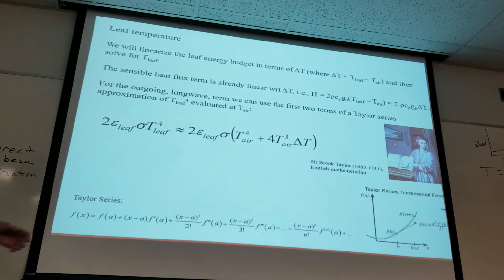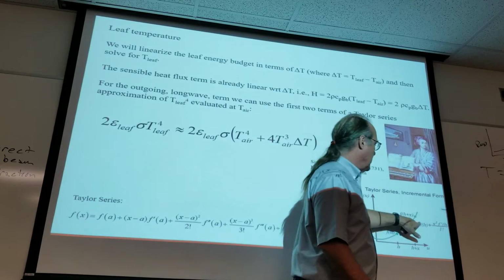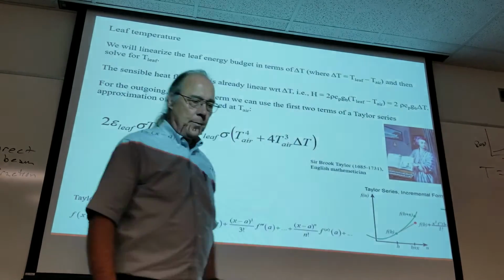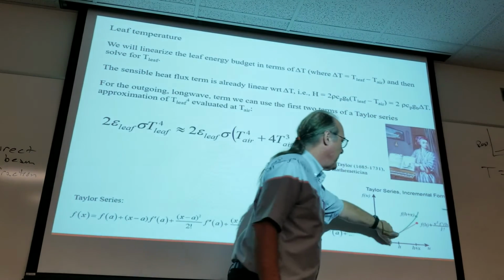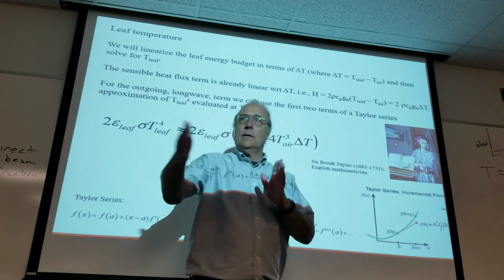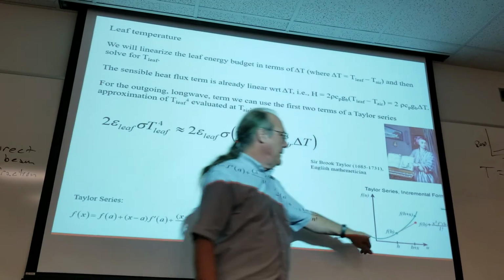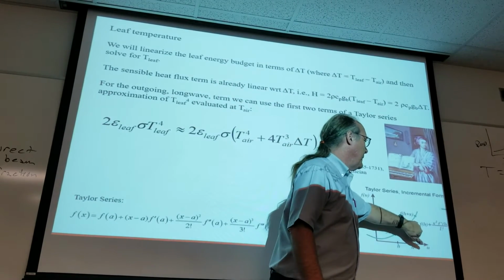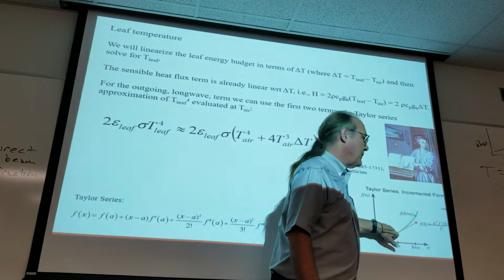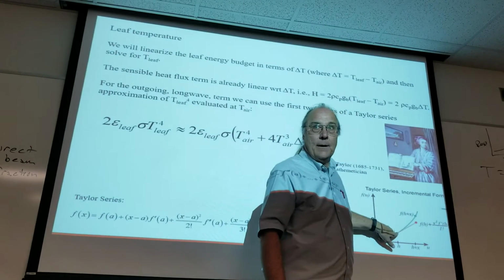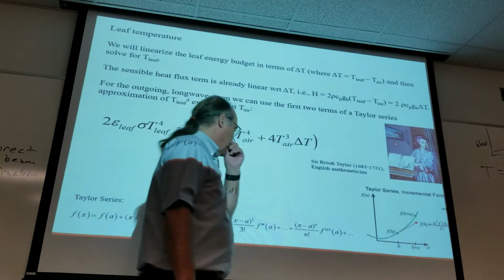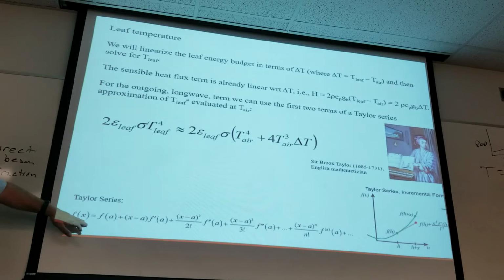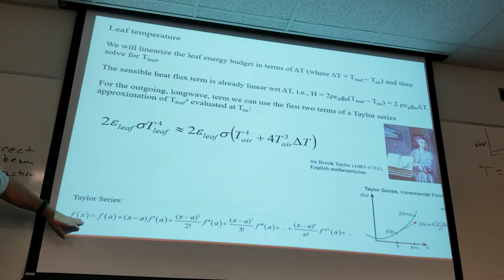Taylor series is a way to approximate a function somewhere based on information you have where you are, right? And so f of x is the function we're trying to approximate.